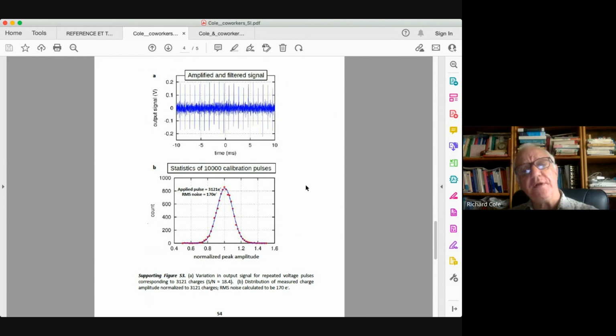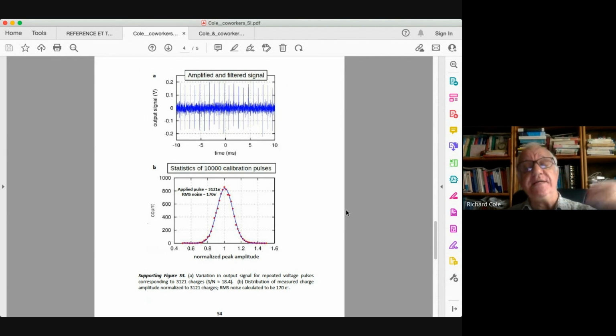Now, one other little point is that as we change the mass, as we change the charge level that we're measuring, this noise level, it's really detector noise, stays constant.